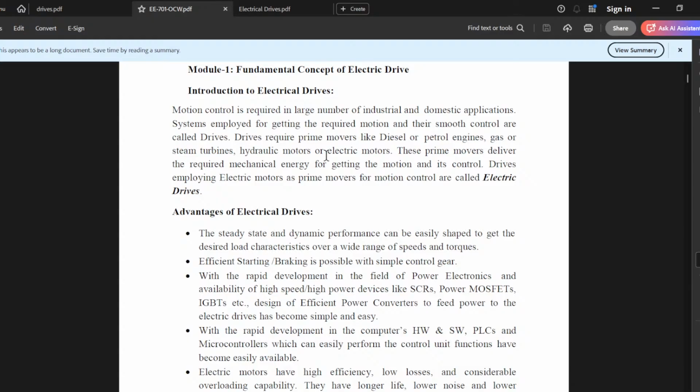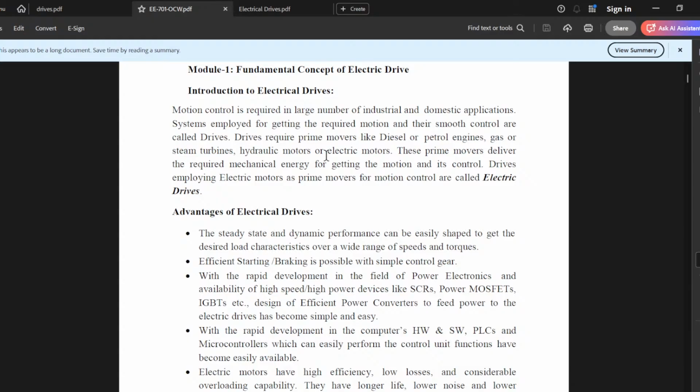And at the domestic level, we have ceiling fans, the best example. It is a type of AC motor. But in the market right now, you can see the advertisements and the trend of a type of ceiling fan that is controlled by a remote, and it is labeled as BLDC fans.